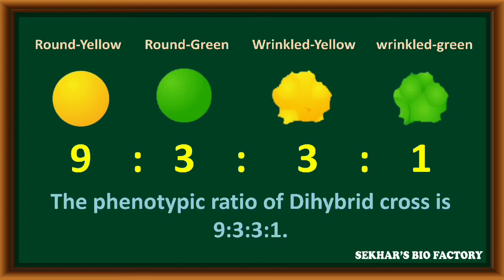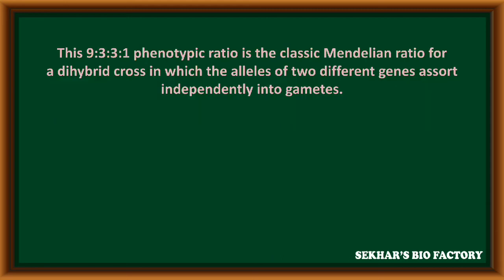So the phenotypic ratio of the dihybrid cross is calculated as 9 is to 3 is to 3 is to 1. This 9:3:3:1 phenotypic ratio is a classic Mendelian ratio for a dihybrid cross in which the alleles of two different genes assort independently into gametes.